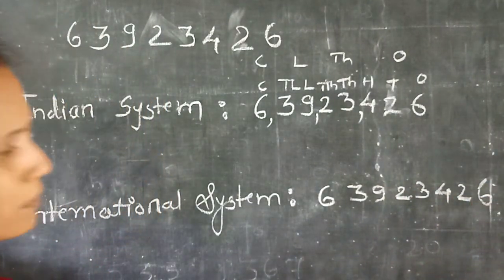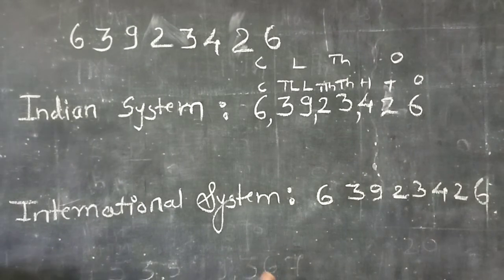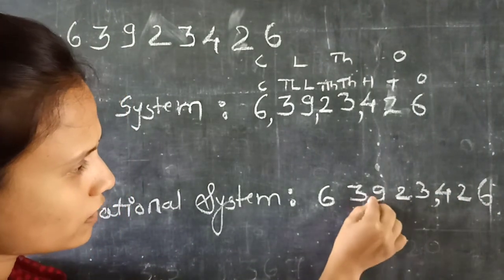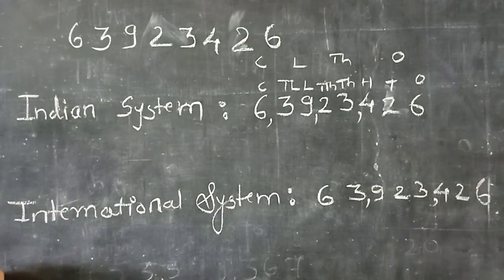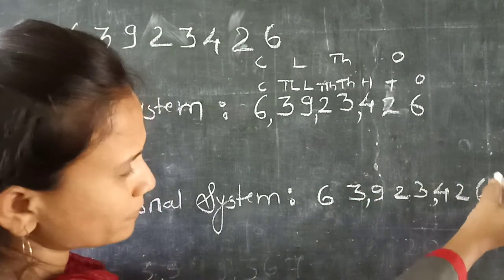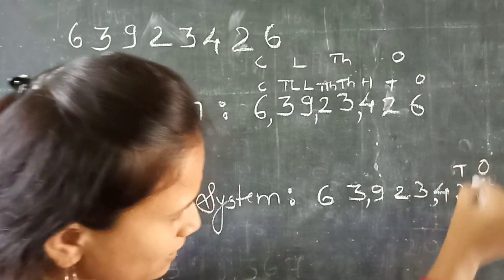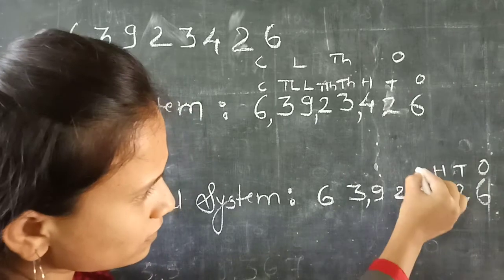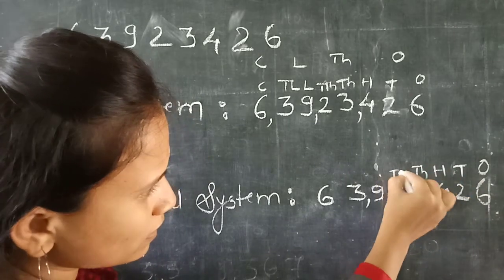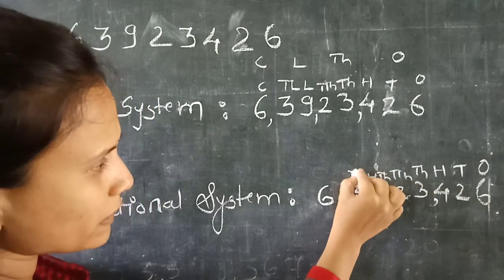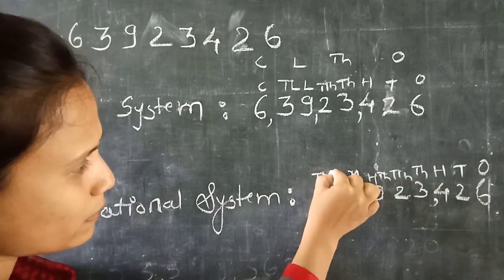Now what is the procedure to give the commas in the international system? It is a group of 3 digits. 1, 2, 3, comma, 1, 2, 3, comma, and 1, 2 will be as it is. Now give place values. It is 1, then tens, 100, 1000, 10,000, 100,000, then million, and then 10 million.